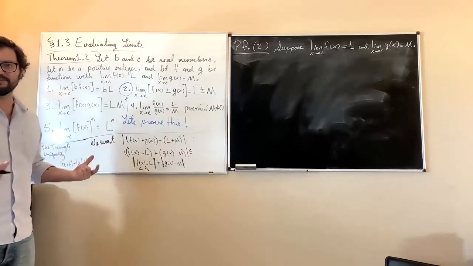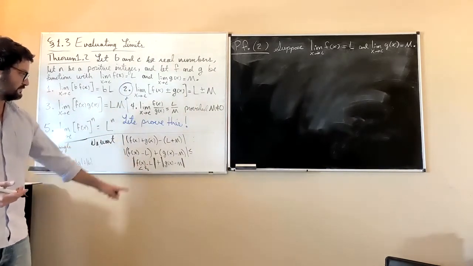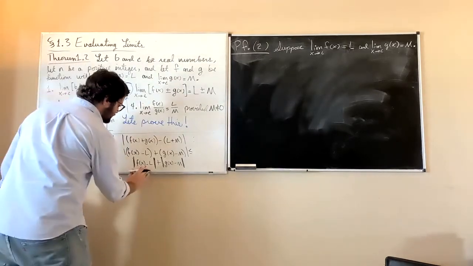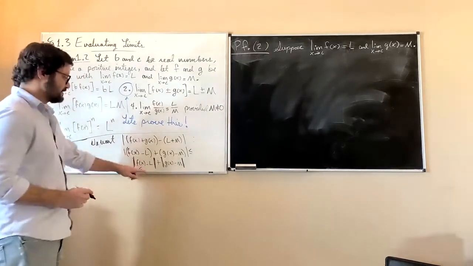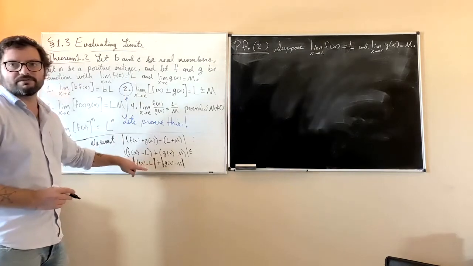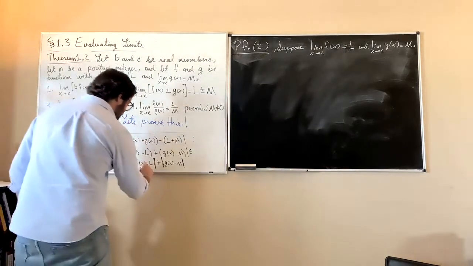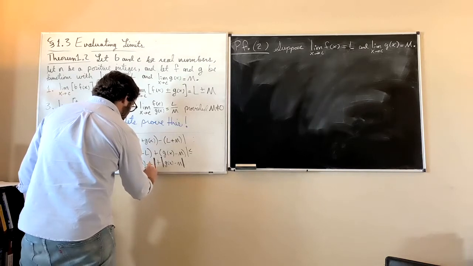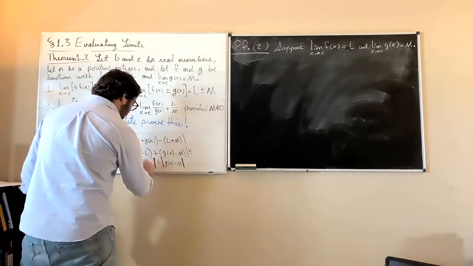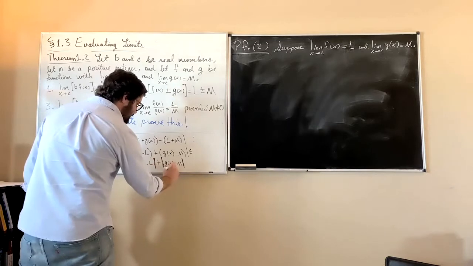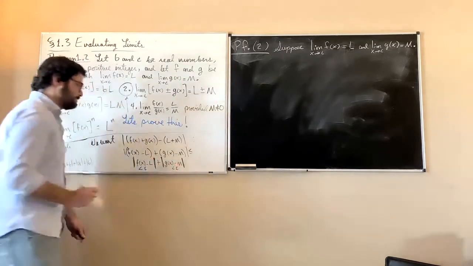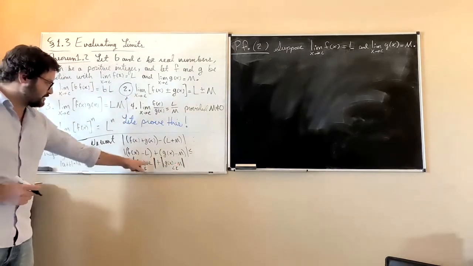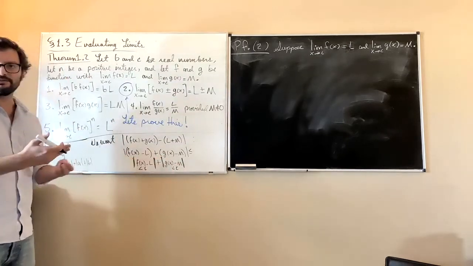If you pick any epsilon, I know that that's going to be at most that epsilon. So that can be less than epsilon, and this right here can also be less than epsilon, because we know that goes there and that converges there for x going to c.